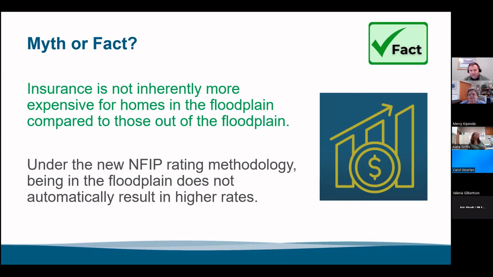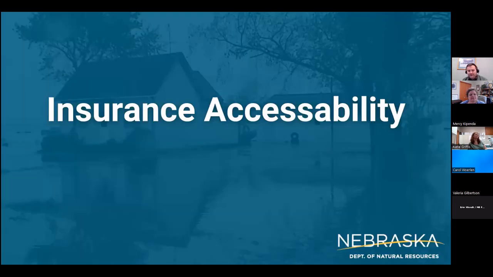There's a line between your property and the property next door, and that person's paying a third of what you're paying because you're in the floodplain and they're not. That was found to be inequitable, right? Under the new rating methodology, being in the floodplain does not automatically result in higher rates.